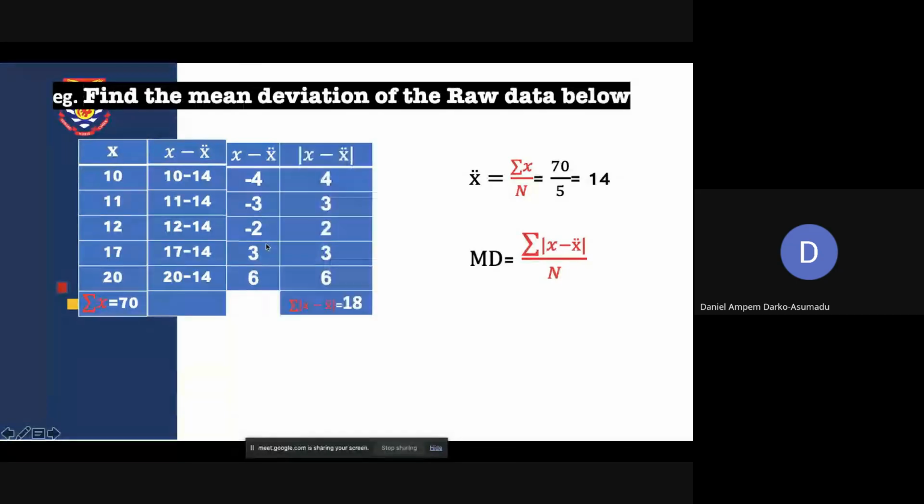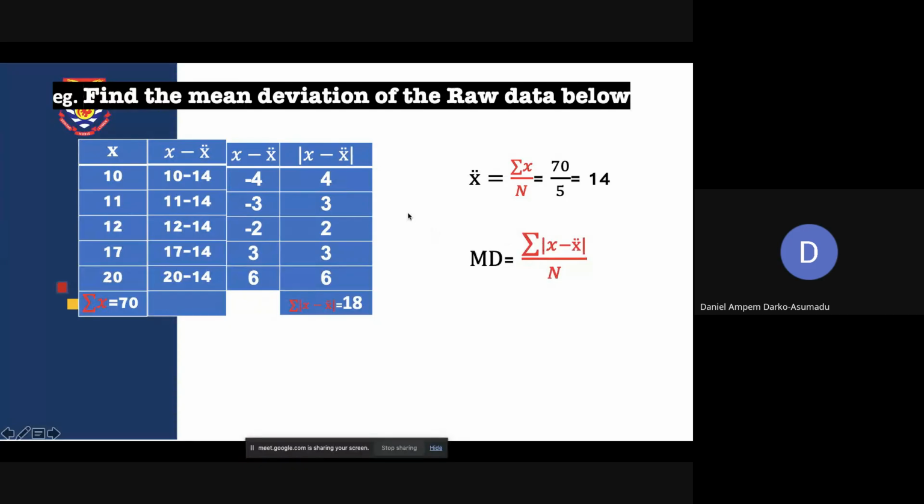Now let's introduce the bars. Once we introduce the bars in this formula, -4 becomes 4, -3 becomes 3, -2 becomes 2, 3 becomes 3, and 6 becomes 6. Anything negative becomes positive once the bars are introduced. Then the formula says to sum everything.